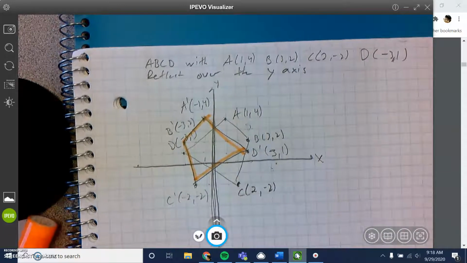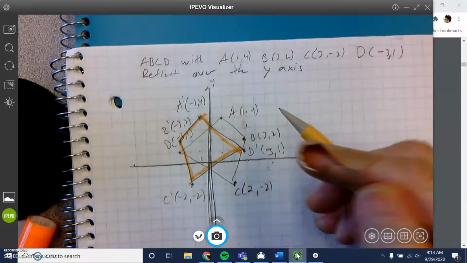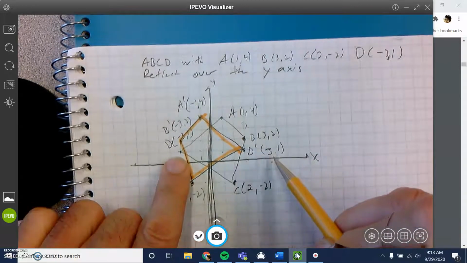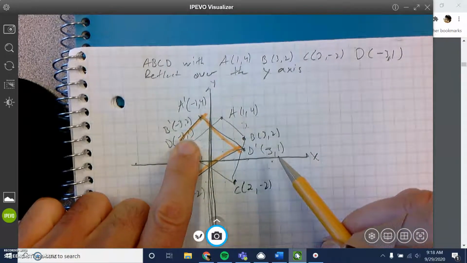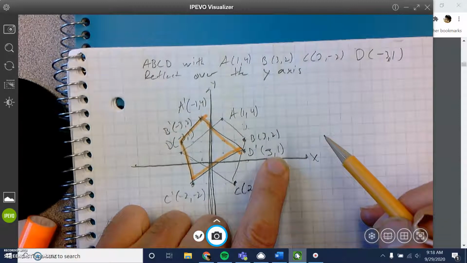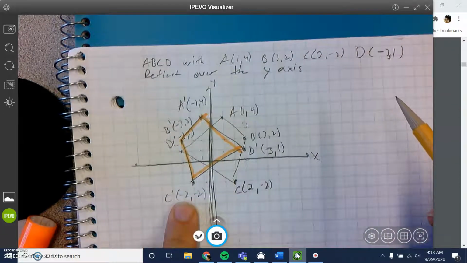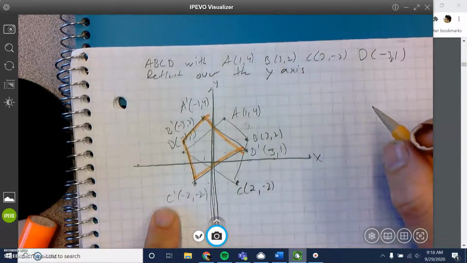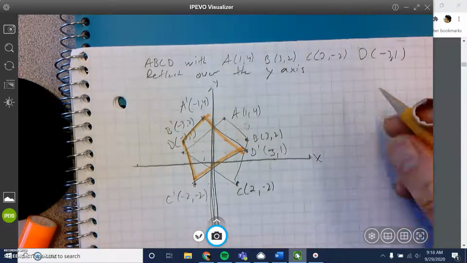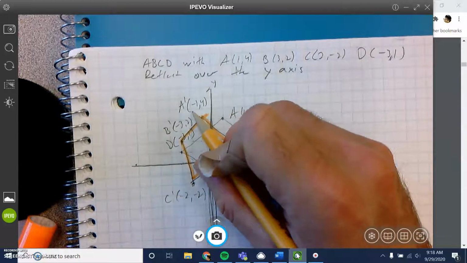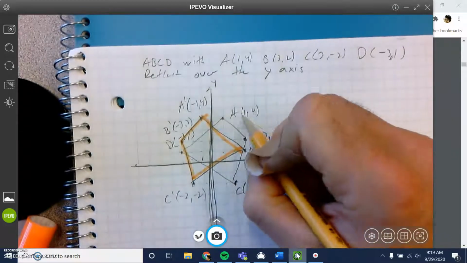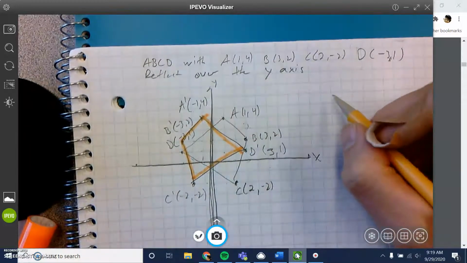Does anybody see the pattern now? So D goes to -3, 1, and goes to 3, 1. C is 2, -2, then it goes to -2, -2. What's changing? Do you see it? Yeah, the x coordinate now is the opposite for the image.